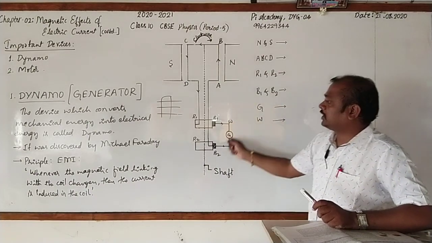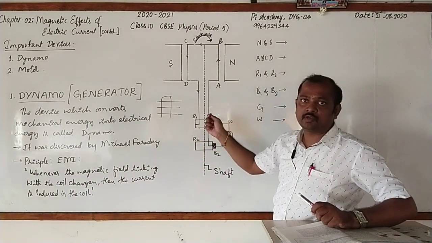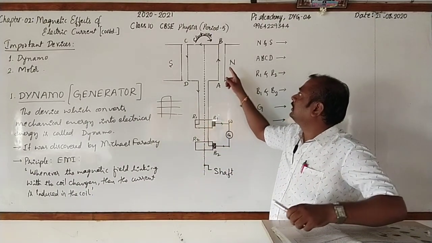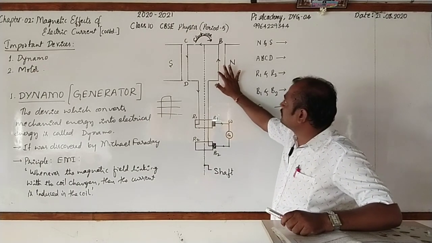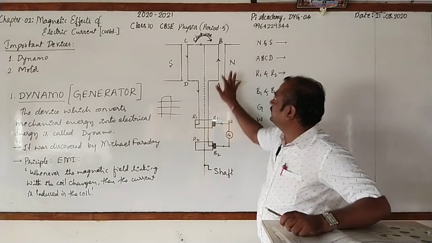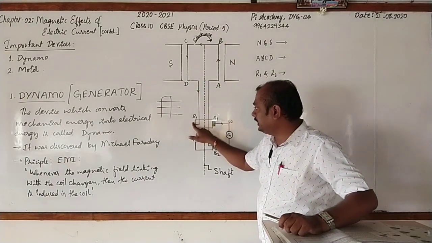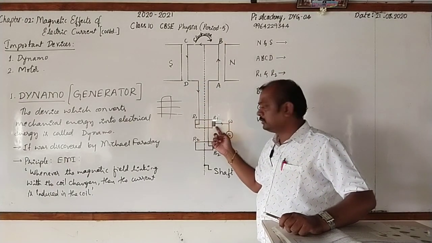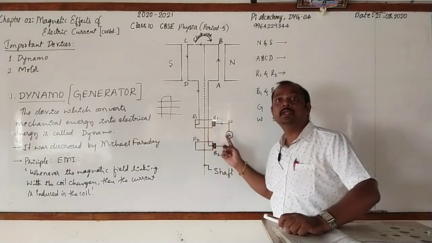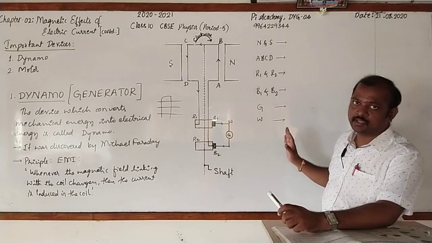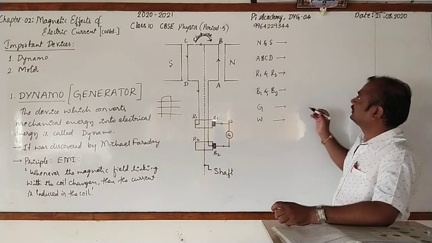Here, when the armature is made to rotate in the clockwise direction, then the magnetic field linking with the coil changes. Current is induced in the coil through A, B, C, D, and D comes in contact with B1, and current in the external circuit flows from B1 to B2. Clear? Hope that you have understood.